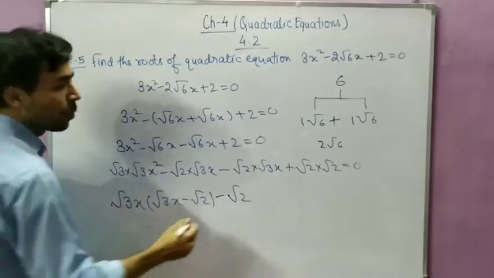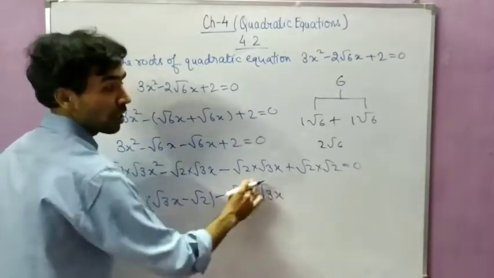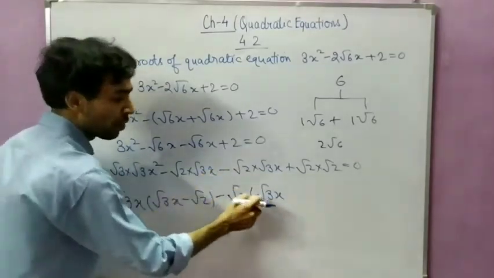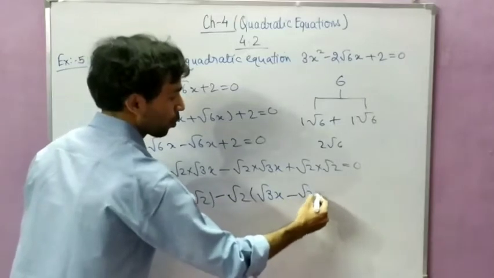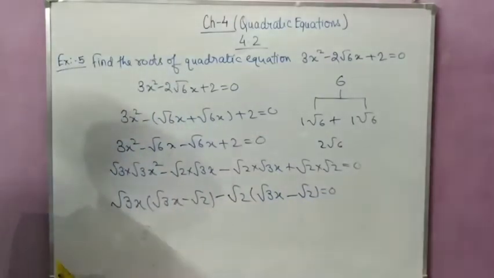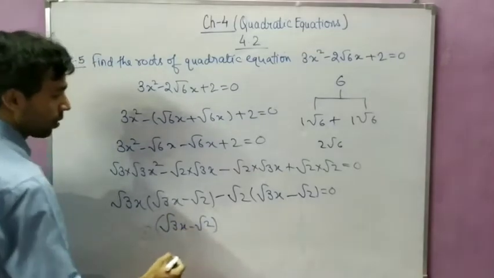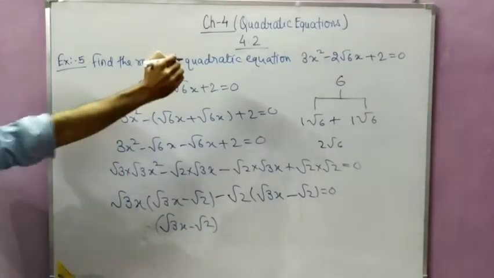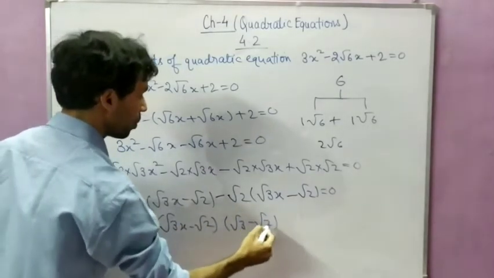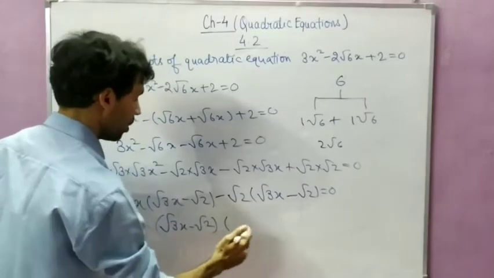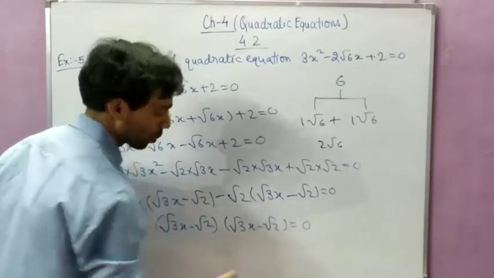So when root 2 is common, in the bracket will be left root 3x, and the sign of both terms will change. Because it is minus, it will become plus, and because it is plus, it will become minus. Root 2 equal to 0. Now what we got: root 3x minus root 2 and root 3x minus root 2 equal to 0.